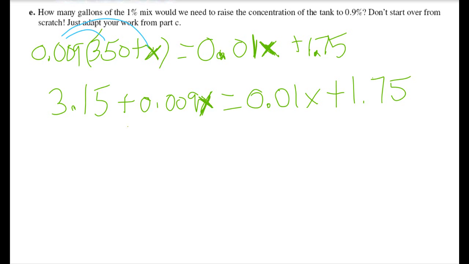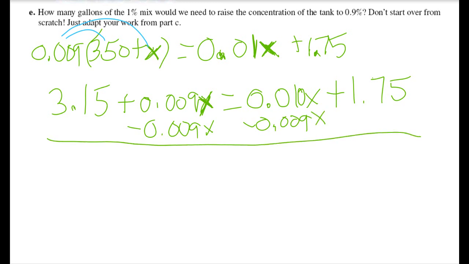And I can do the same thing. It's 0.009x minus 0.009x. It's helpful to put 0.010 for my expression on the right hand side. Now I get 0.001x plus 1.75.